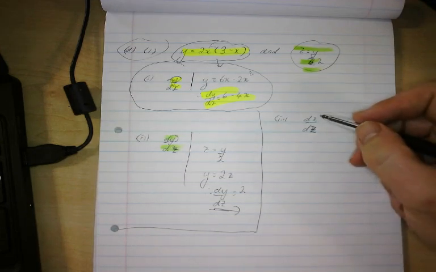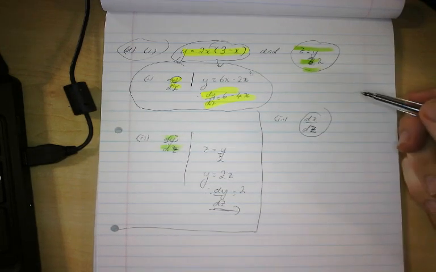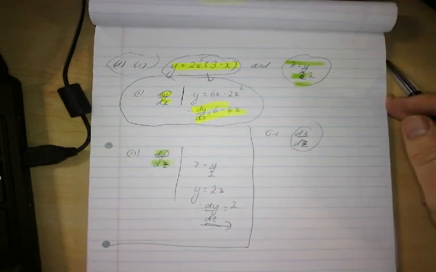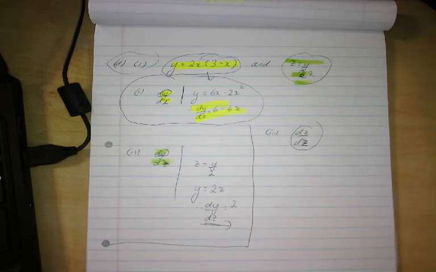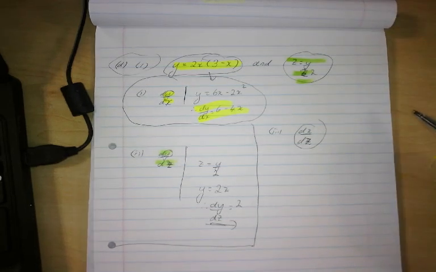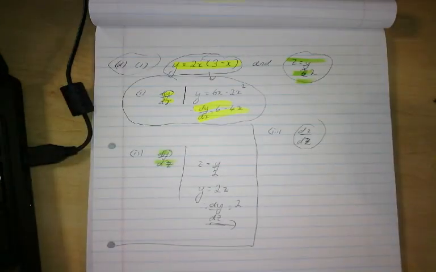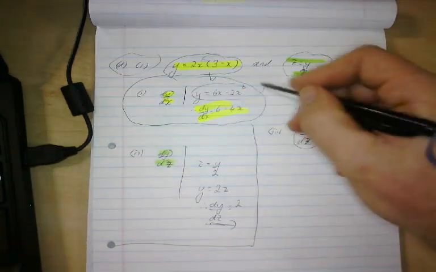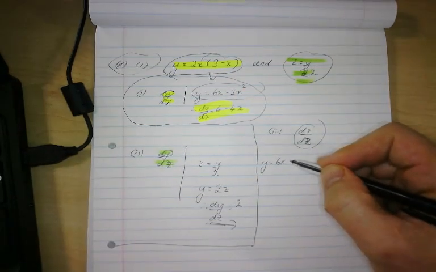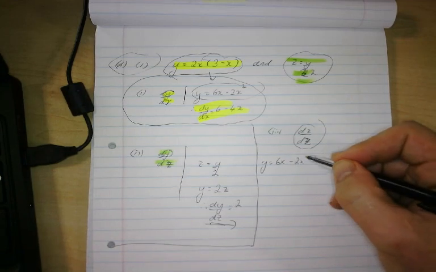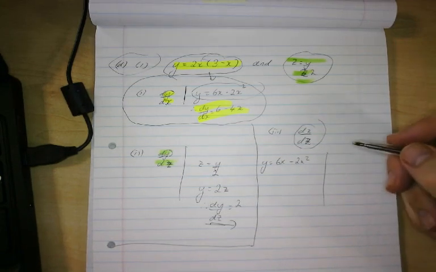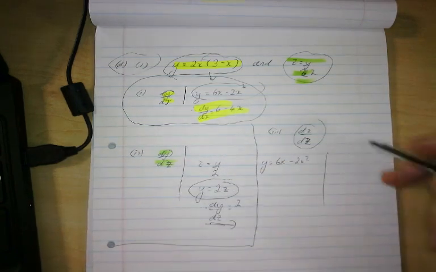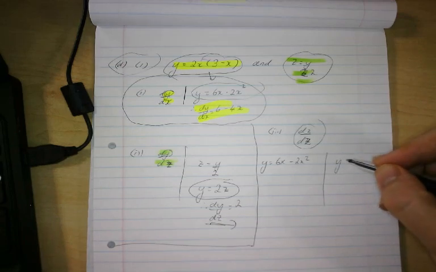Right, the next question says find dx/dz. Well, we've got a problem because I haven't got an equation with x's and z's in. I need equations with x's and z's in, so I'm going to have to do a bit of a simultaneous equation. From over here, y is equal to 6x minus 2x squared, and from over there we know that y is equal to 2z.